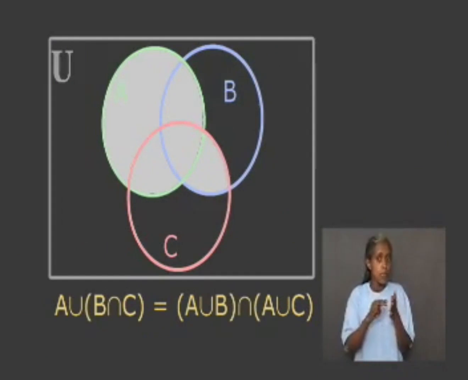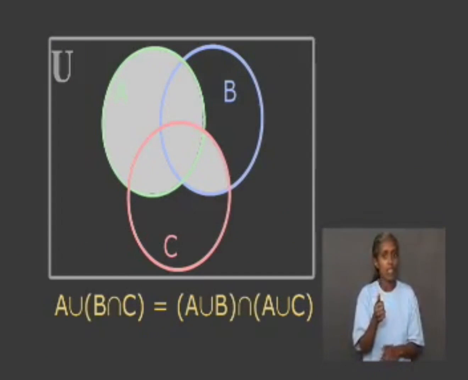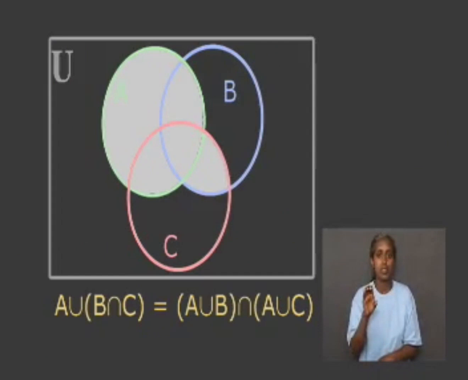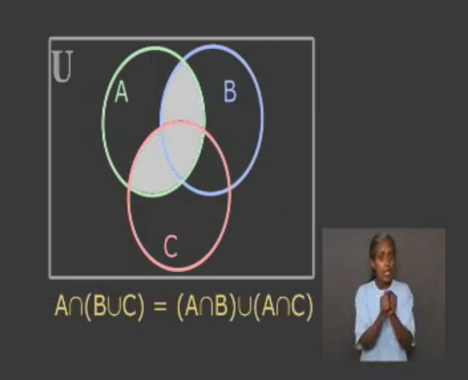This means that the union of A with the intersection of B and C is equal to A union B intersected with A union C. Intersection is also distributive over the union of sets. This means that the intersection of A with the union of B and C is equal to the union of A intersection B and A intersection C.